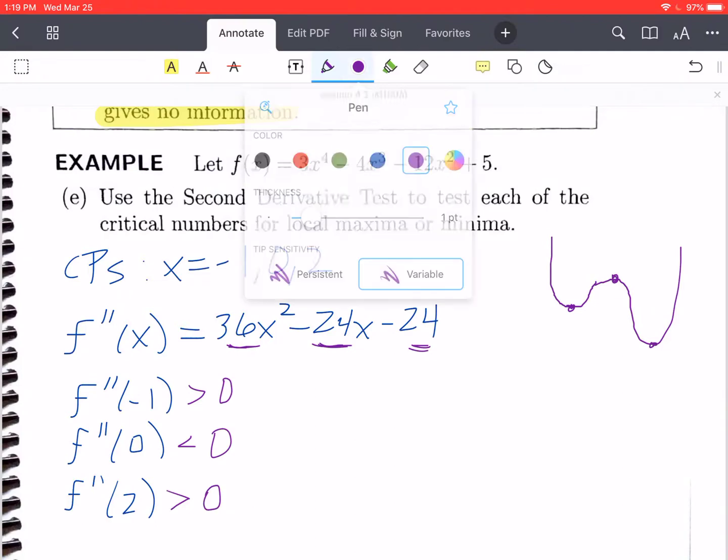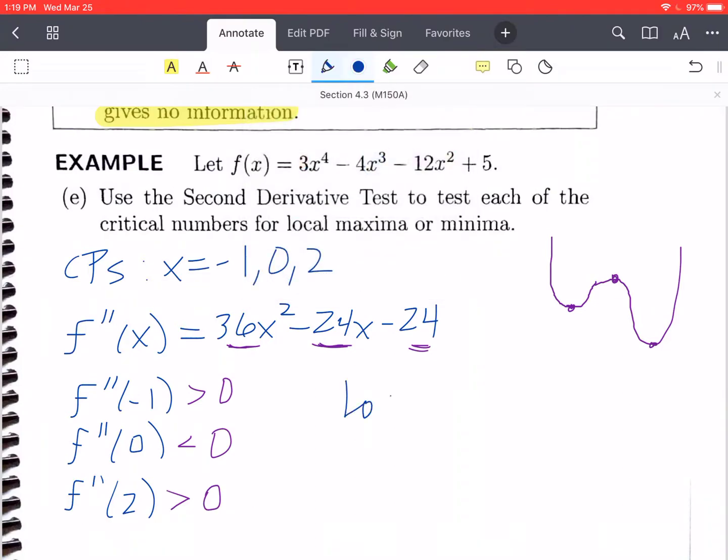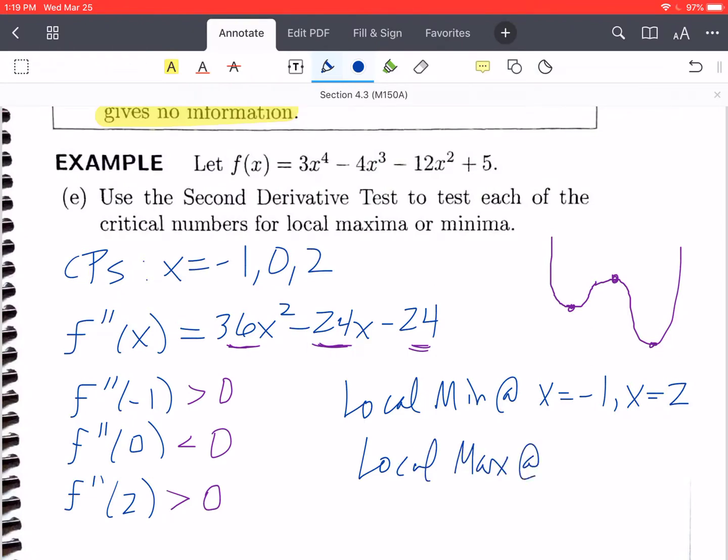So we have local min at x equals -1 and x equals 2, and local max at x equals 0.